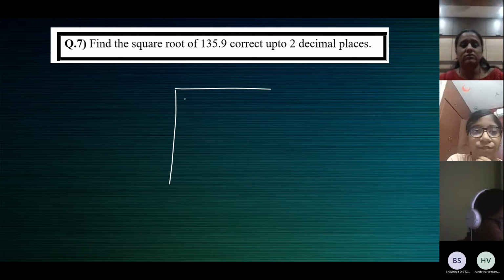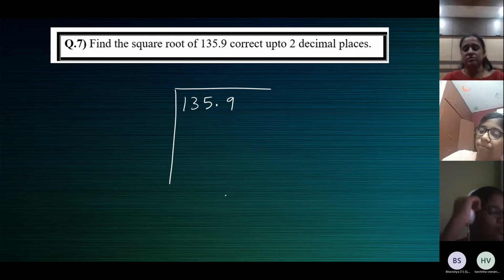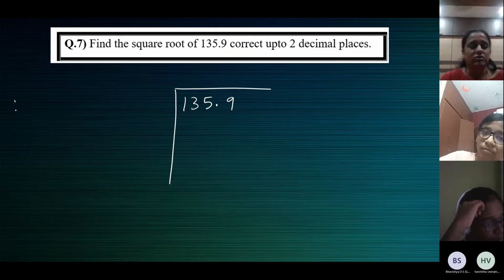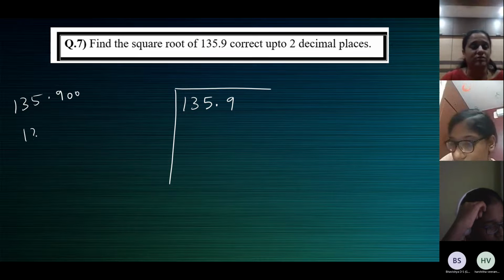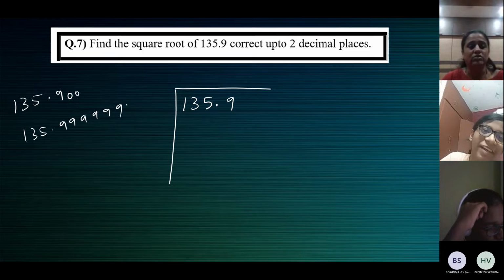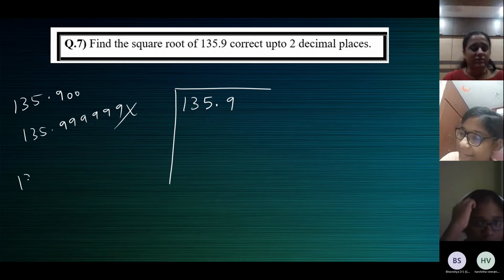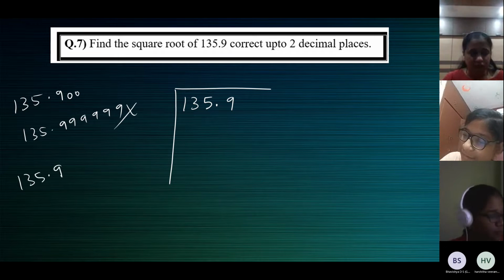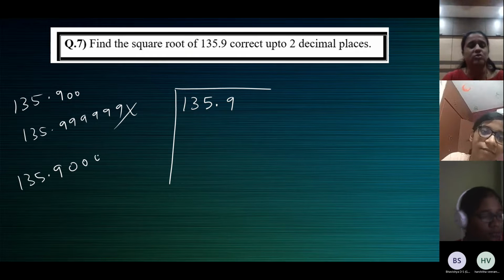So here, 135.9 up to 2 decimal places. Now you know that 135.9 can be written as 135.900. You cannot write 135.9999. That's wrong. It's 135.9. You can add how many ever zeros you want.